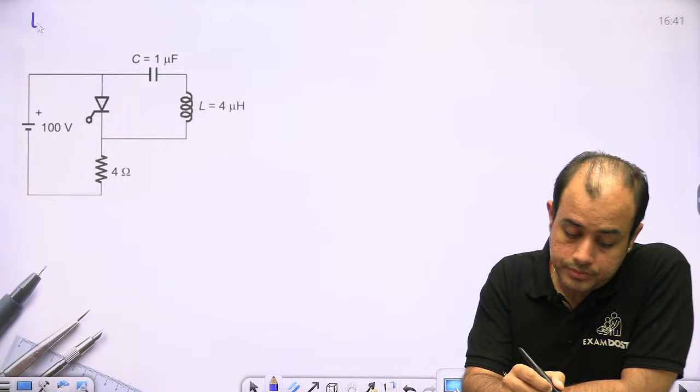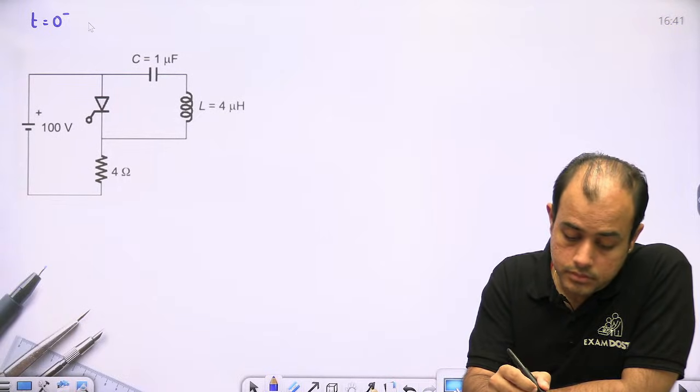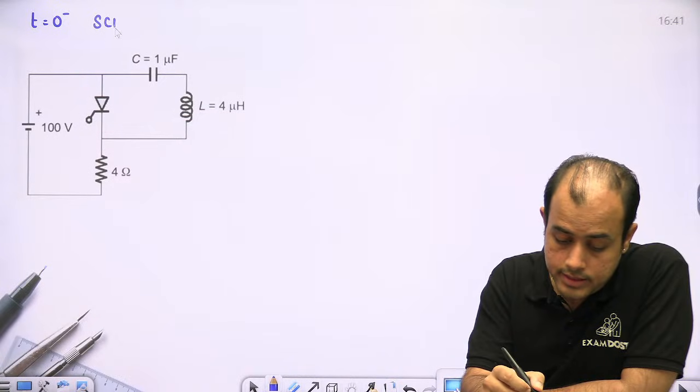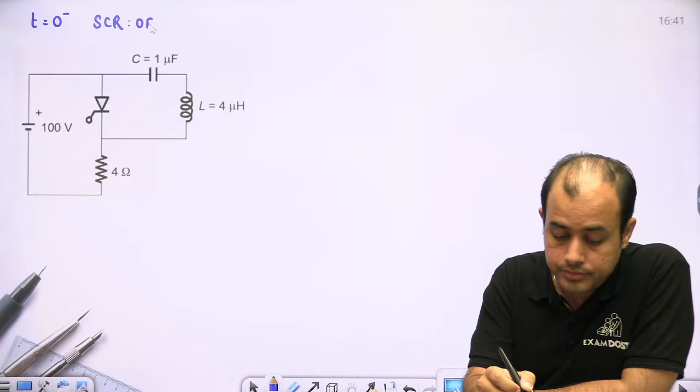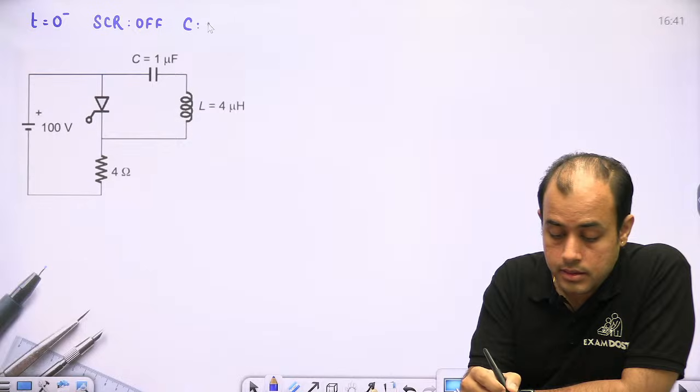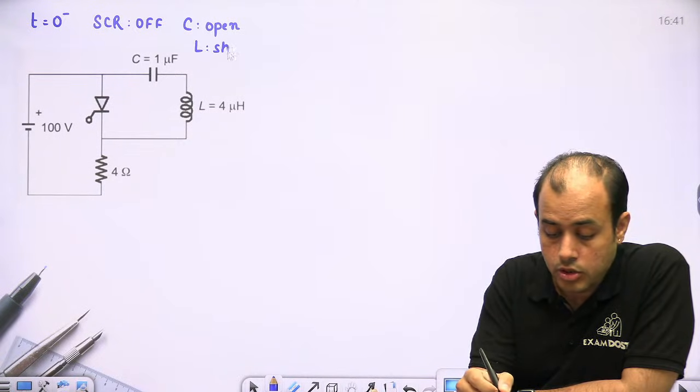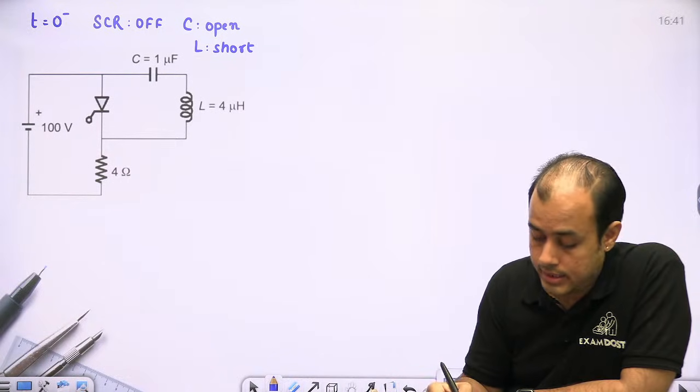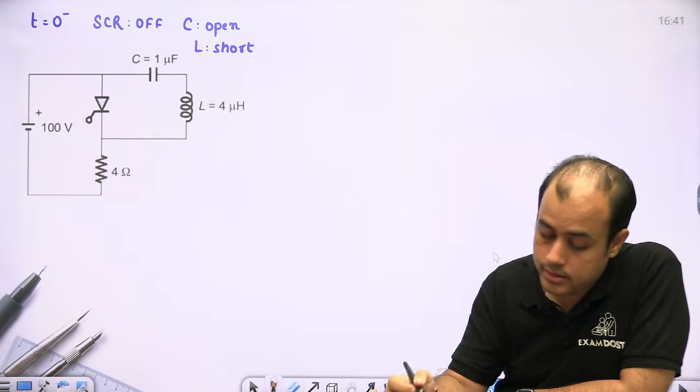Now t equal to 0 minus, SCR is off, capacitor open, inductor short. We are under steady state.